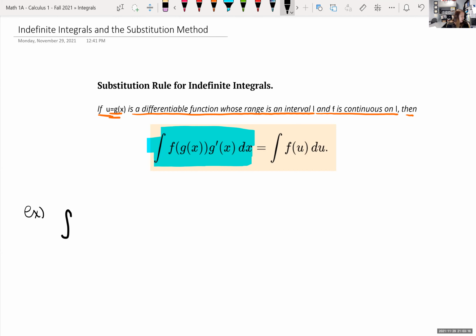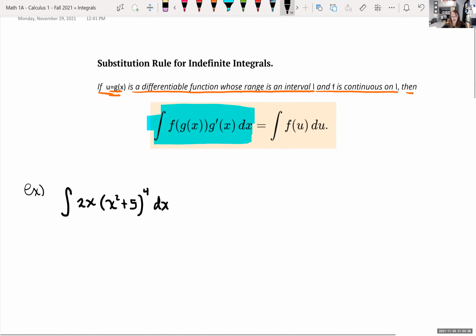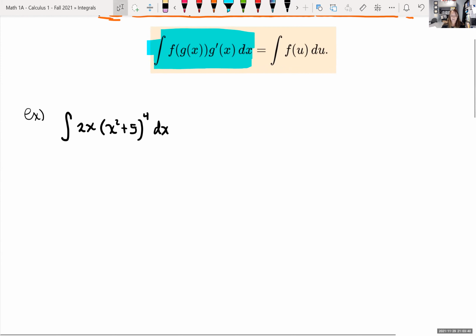So let's say that we have the following. We have the integral of 2x times x squared plus 5, and this is raised to the 4th power, dx. Well, we want to figure out what to choose u to be. Whatever we choose u to be, when we take the derivative, we want to see part of that derivative in our function.